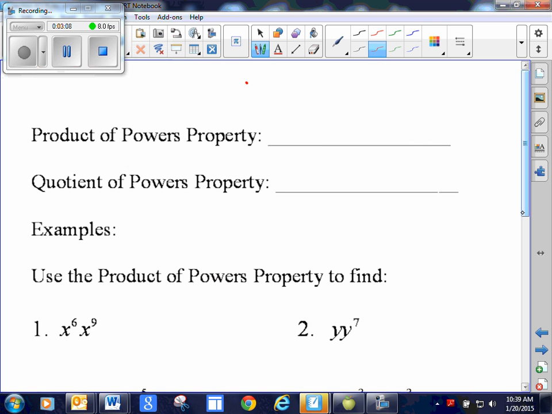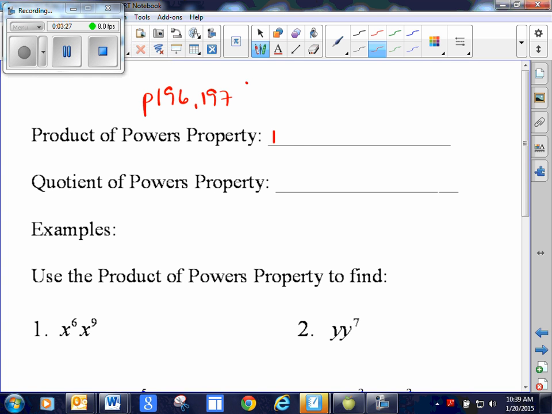And if you look on page 196 and 197 in your textbook, these properties, the product property and the quotient of powers property, are in green boxes, and you can copy down the form of the definition.